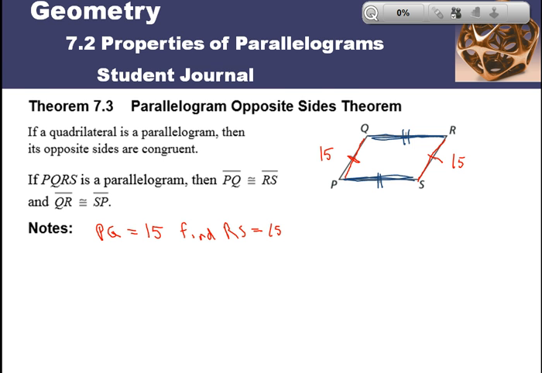Similarly, if QR was 23.2, so if we were given that QR was 23.2, how could I find PS? Well, again, opposite sides are equal, so if QR is 23.2, that means that PS would also be 23.2.